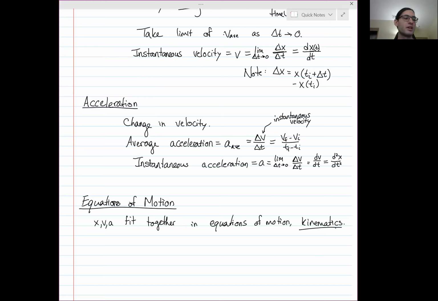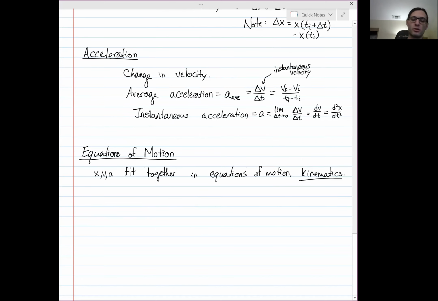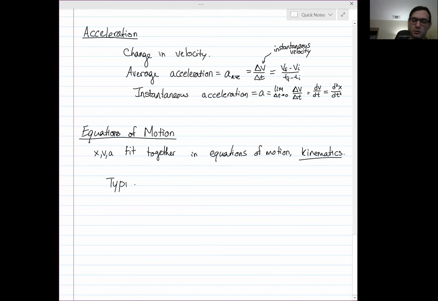For the most part, we will deal with constant acceleration, meaning that the acceleration is in the same direction and has the same magnitude at all times. As we get further into the course, we'll generalize this and talk about acceleration that's not constant, but for now, let's make that assumption, constant acceleration, and now let's do some math.